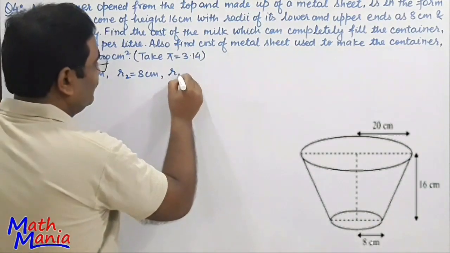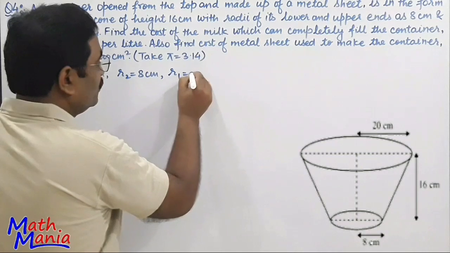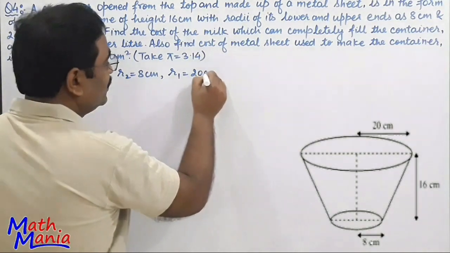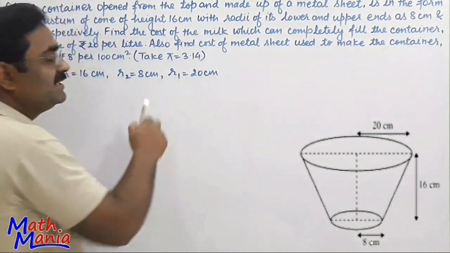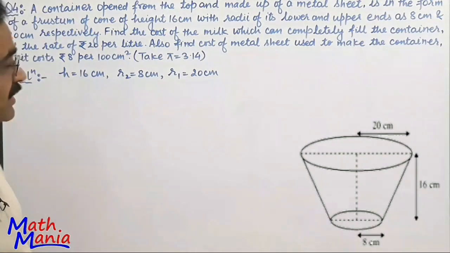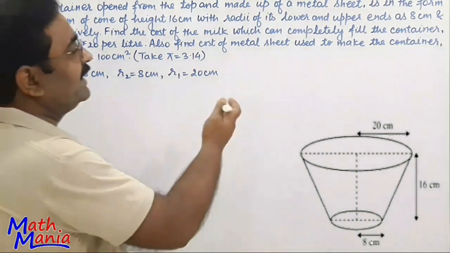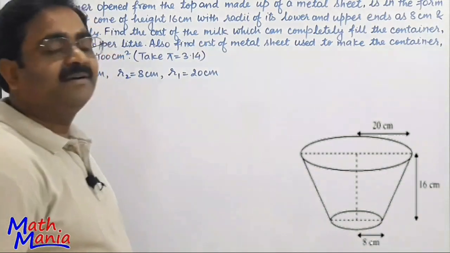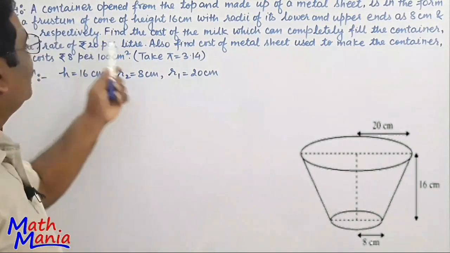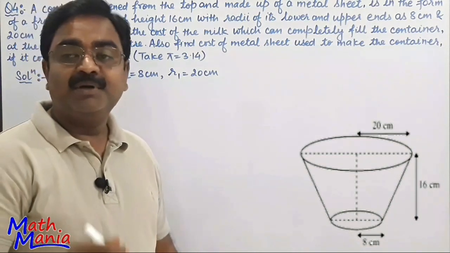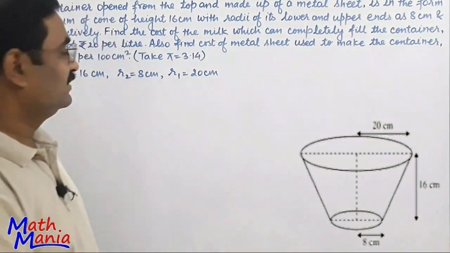So say R1 is equal to 20, which is open from the top, means this area is open. Afterwards, find the cost of milk which can completely fill the container at the rate of rupees 20 per liter.